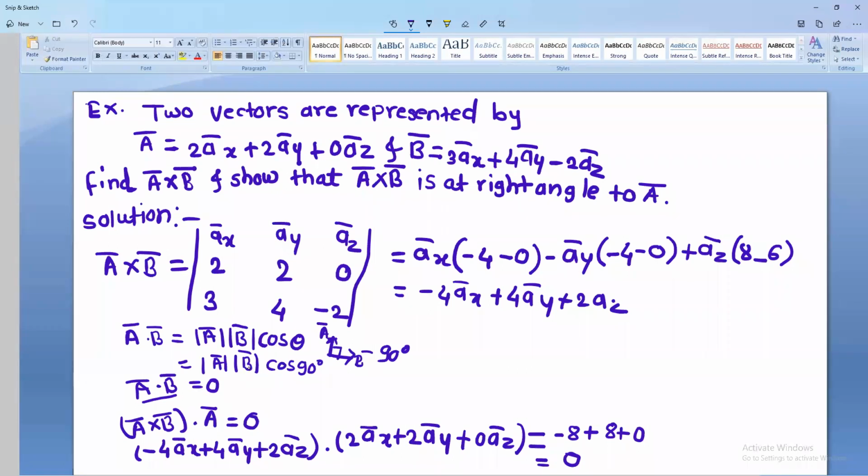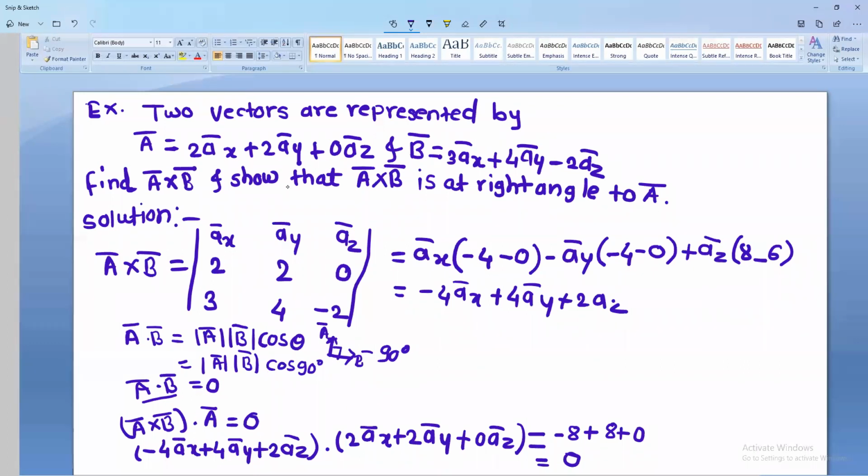When these two vectors are at right angle, the angle between them is 90 degrees, and cos 90 is equal to 0. That's why this whole term becomes 0. That's why a bar dot b bar is equal to 0. Means when two vectors are at right angles, their dot product is equal to 0.